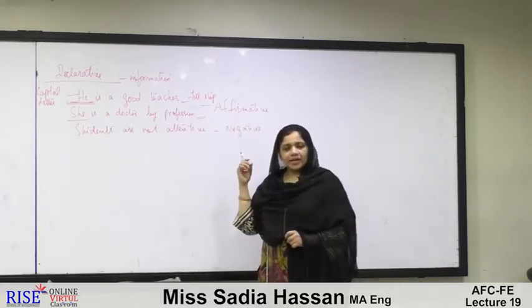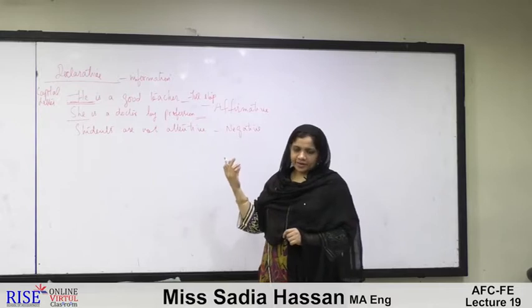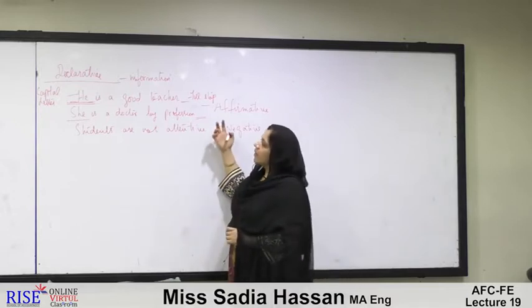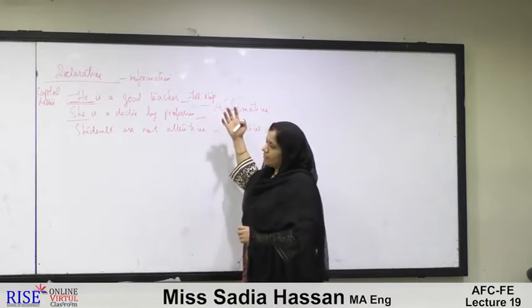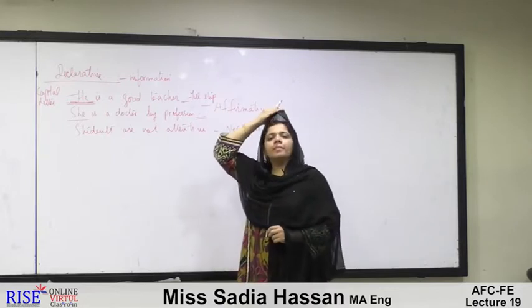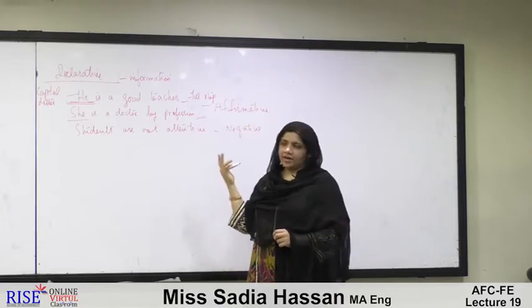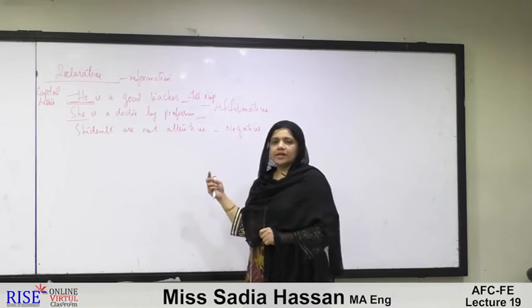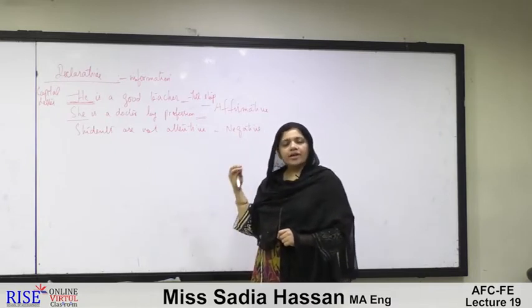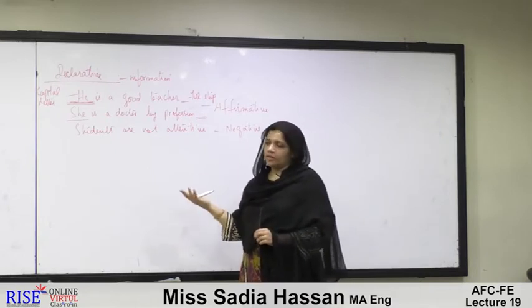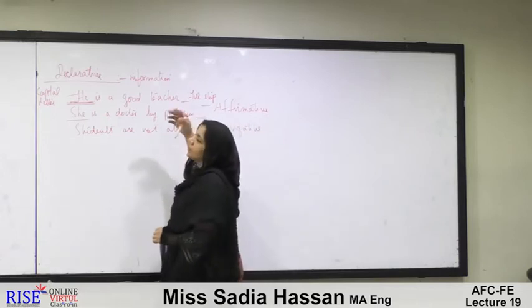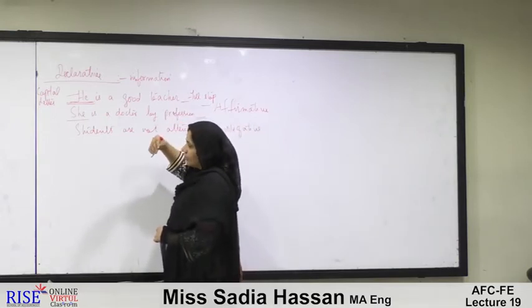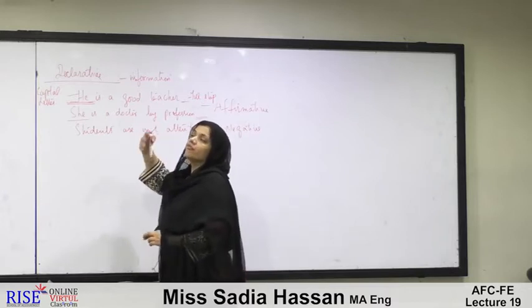That is the basic identification of declarative sentences, and it must have information in it which might be positive or negative. And this is also called the declarative mood of the verb, because the mood of the verb is giving the information.